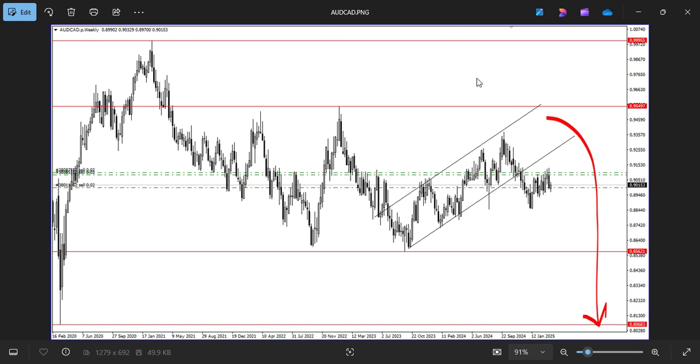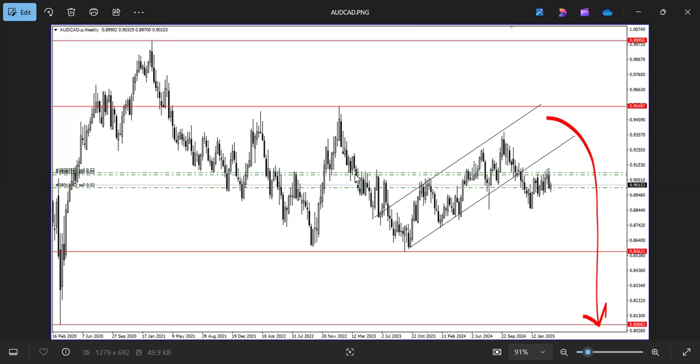I am using weekly charts for both pairs, and we can see that, beginning with AUDCAD, the weekly chart has this strong move to the upside from here up to this zone, and then we had a move to the downside, a move up, a move down, and a move up.